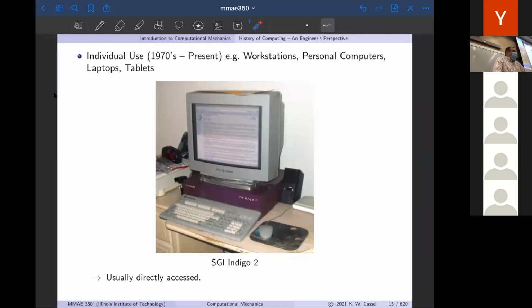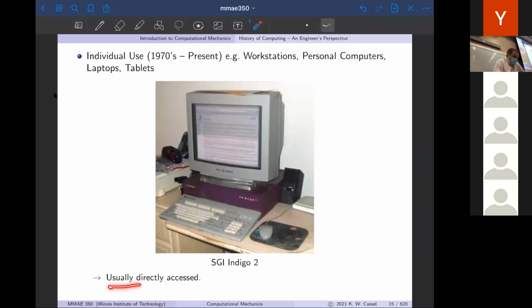These cost on the order of $15,000 to $20,000 each. So they weren't a personal computer, they were a workstation. They're more powerful, faster, with more memory, and so forth, and had more technology in them, but they were still something you could stick on your desk and use.